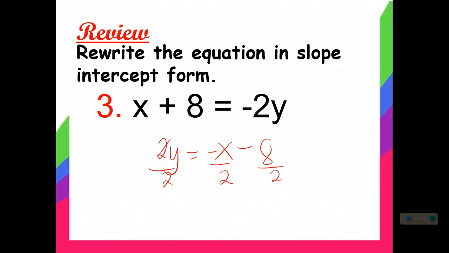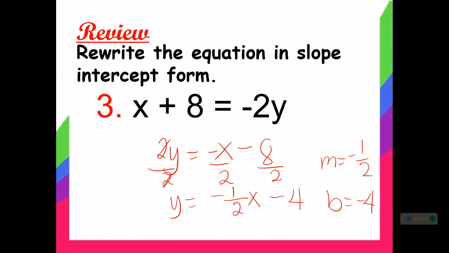So you will remain here with y equals negative 1 over 2x minus 4, because negative 8 divided by 2 is negative 4. So our m here is negative 1 half and our b here is negative 4. Okay? So I hope you have remembered how you are going to write equation to the slope-intercept form, because it will be used in our method in graphing.